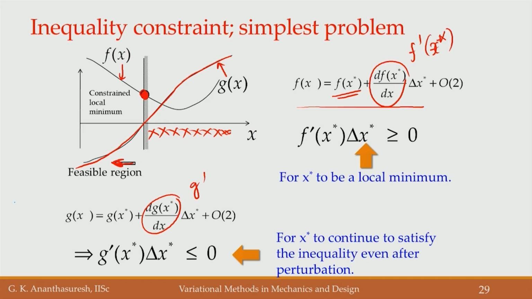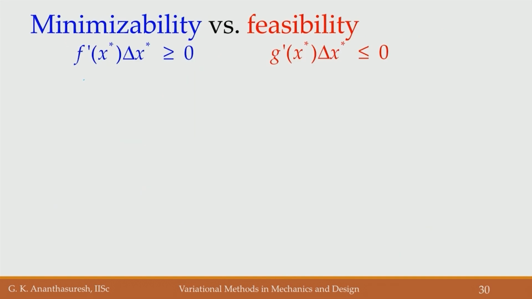Here we know that g has to be less than or equal to 0. So, g of x star, because that is the optimum, is equal to 0 at that point. So, the first order term, g prime times delta x star, should be less than or equal to 0 in order to keep this satisfied. So, what we have now is f prime times delta x star is greater than or equal to 0, and g prime times delta x star is less than or equal to 0.